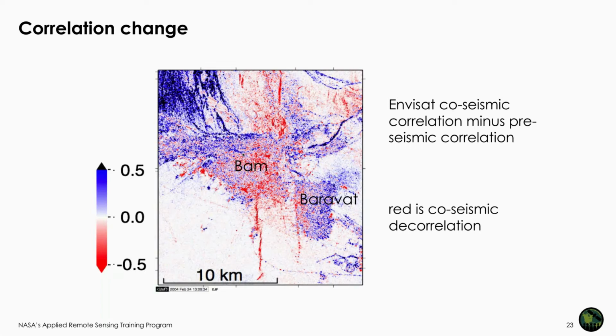So it's now been turned into what we call a method for making damage proxy maps, estimating how damaged cities are after earthquakes using radar interferometry images.